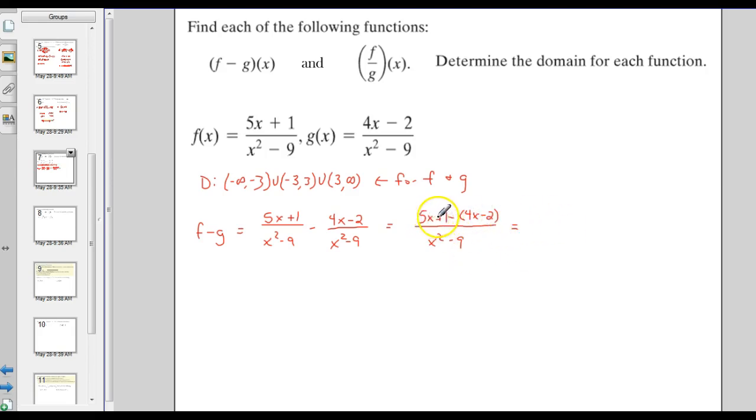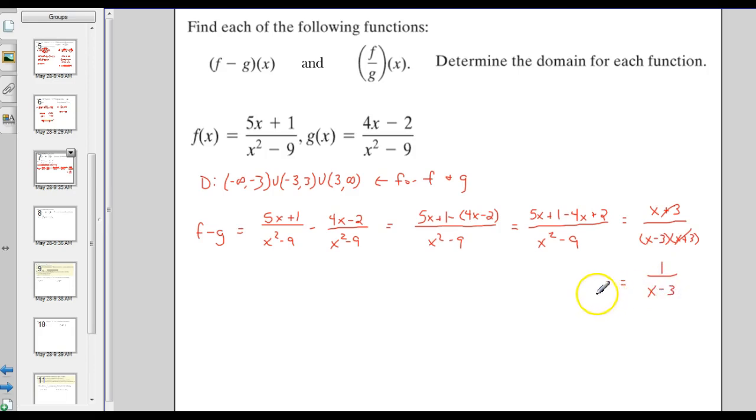So that gives me 5x plus 1 minus 4x, distributing that negative through, plus 2, over x squared minus 9. Now, 5x minus 4x is x. 1 plus 2 is 3. And then I'm going to go ahead and factor this. You'll probably see what's going to happen here. So that reduces all the way down to 1 over x minus 3.